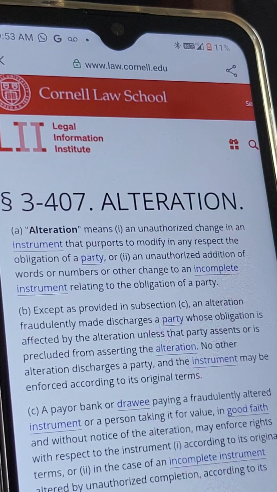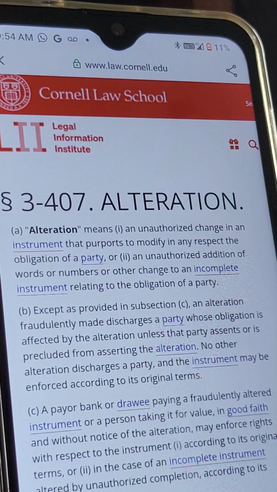C, a payor bank or drawee paying a fraudulently altered instrument, or a person taking it for value, in good faith and without notice of the alteration, may enforce rights with respect to the instrument according to its original terms.